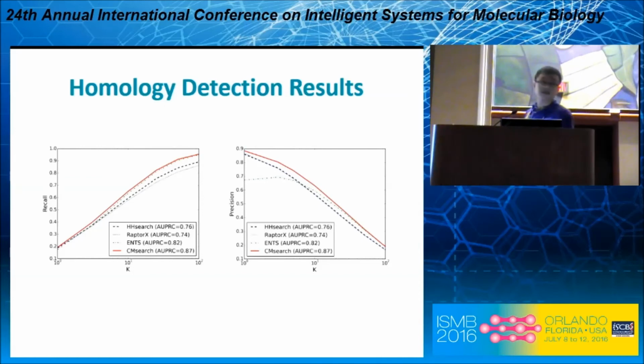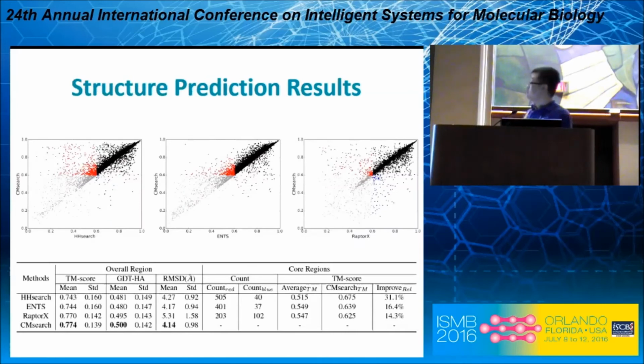So you can see that ENTS and CMsearch are significantly better than HH-search and RaptorX. However, with respect to precision, when K is small, ENTS performs much worse than CMsearch, which suggests CMsearch is a better method.